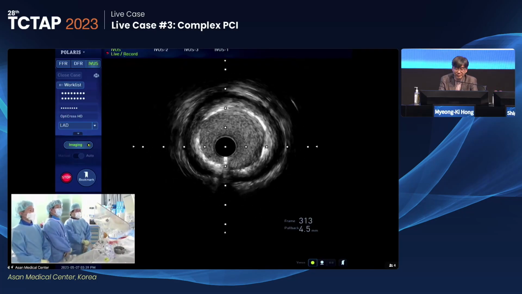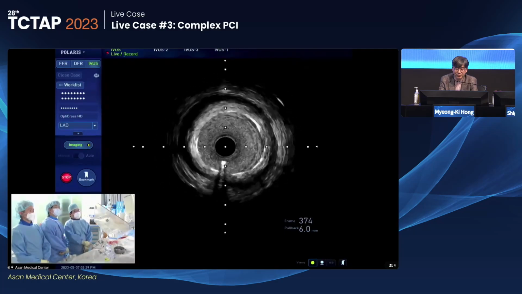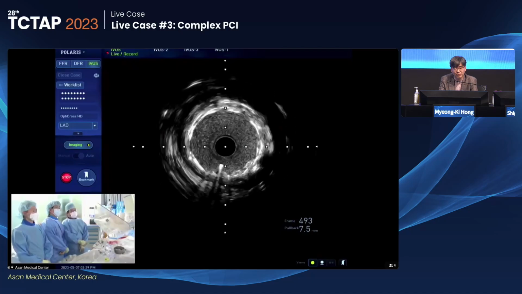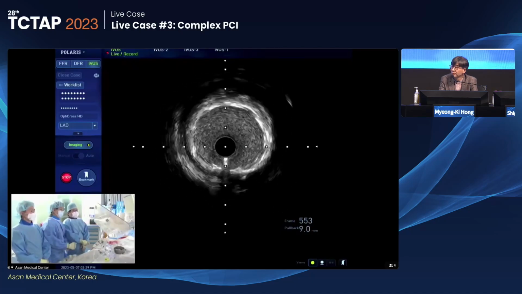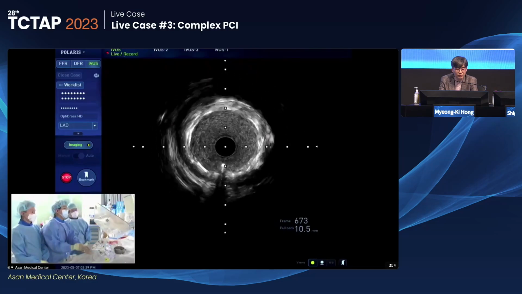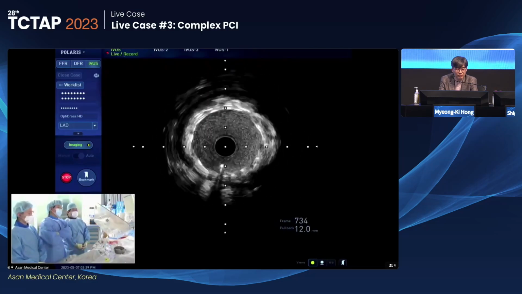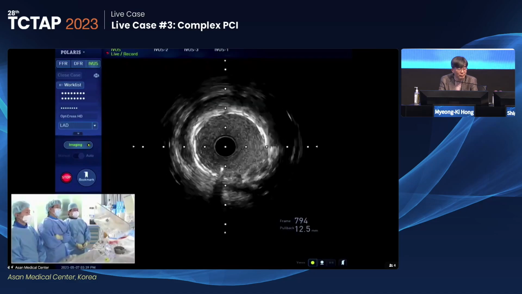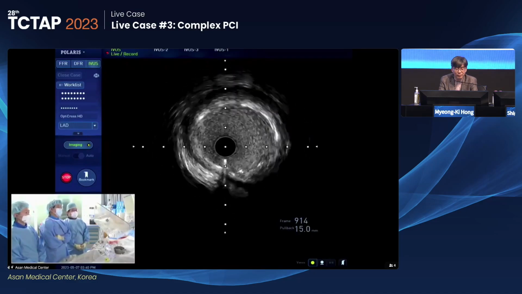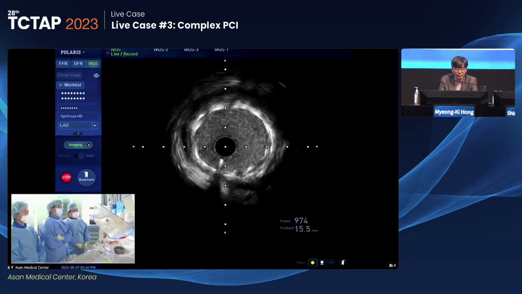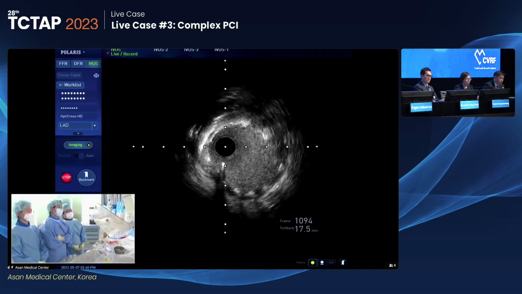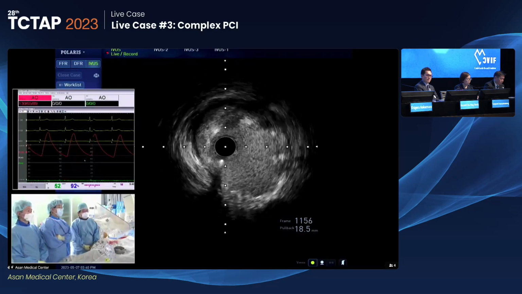Actually, PCI is our routine daily practice, but from the patient's side, PCI is only one procedure in their life. So to avoid further treatment, I'd like to use intravascular imaging evaluation to make my stenting more optimized. So here is the proximal portion.